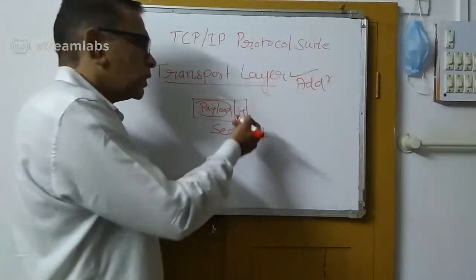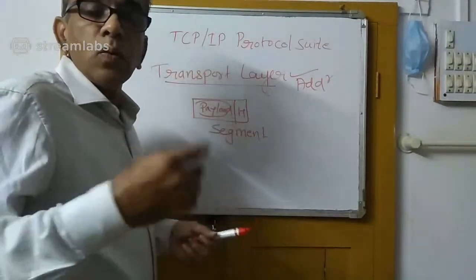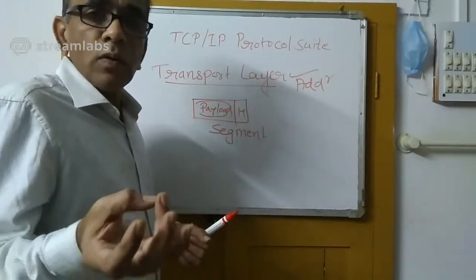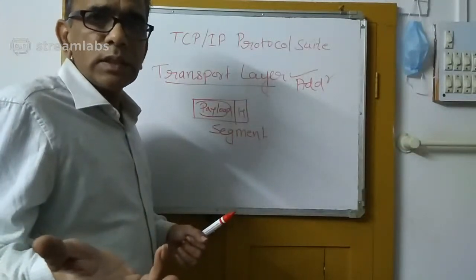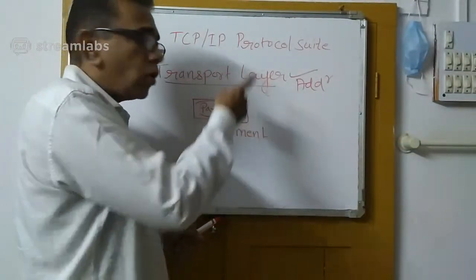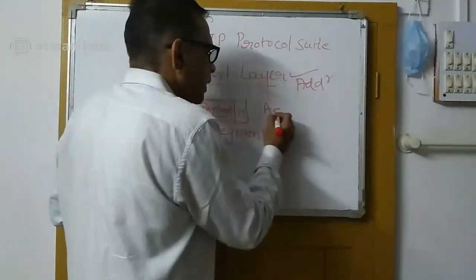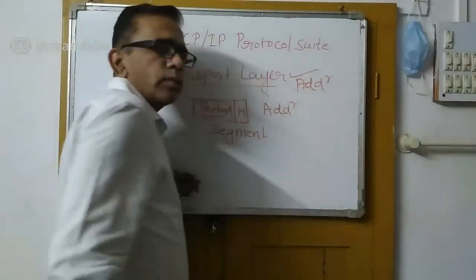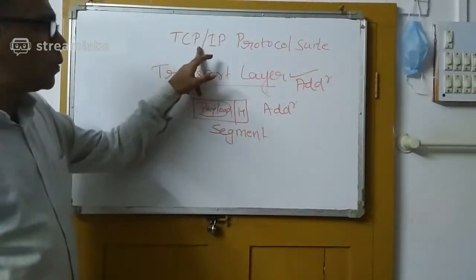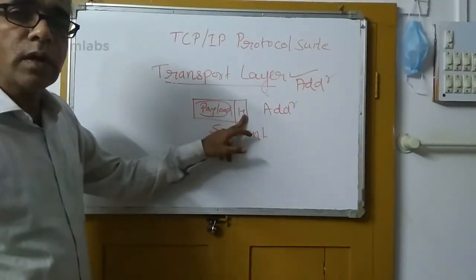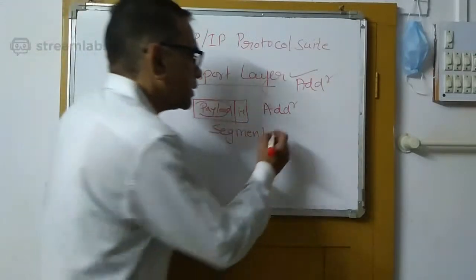We need some supporting fields to carry out the tasks of error control, flow control, and congestion control, along with addressing fields. So it will also provide addressing. In the TCP/IP model, the length of this transport layer address is 16 bits.